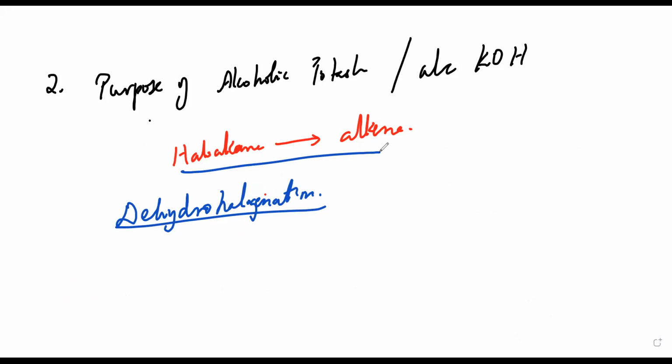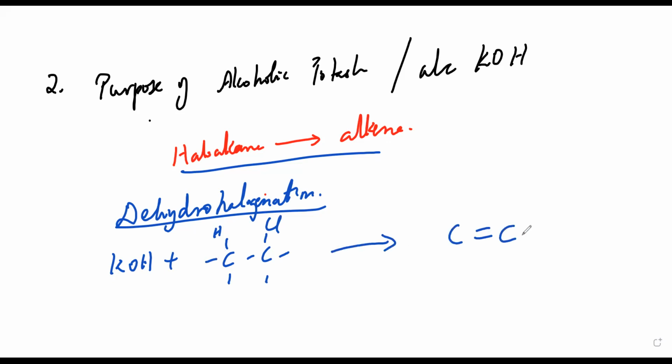If I take alcoholic potash, KOH, plus any alkyl halide, let me take this particular compound. What is my end product?